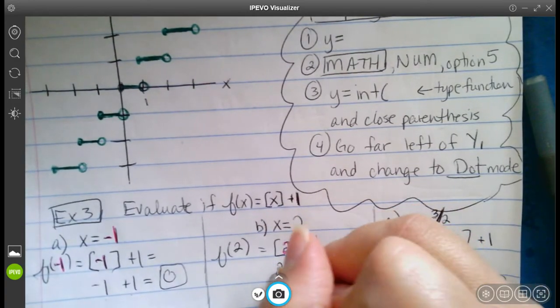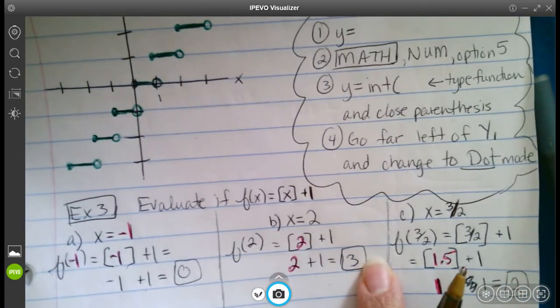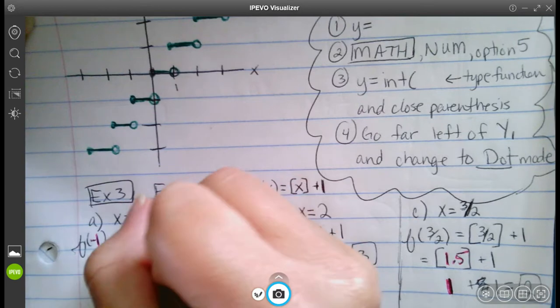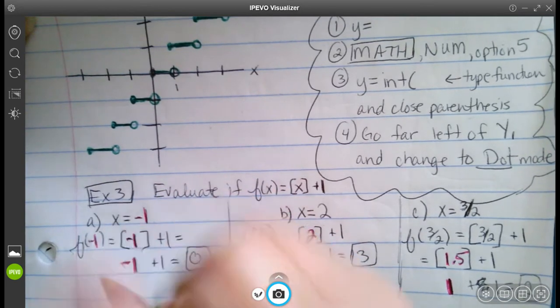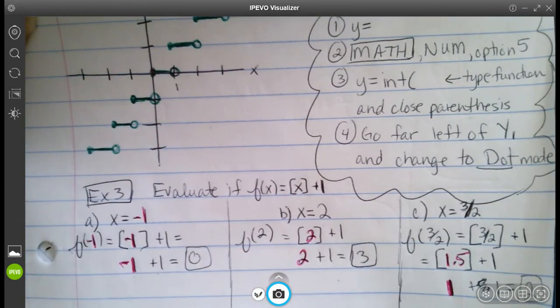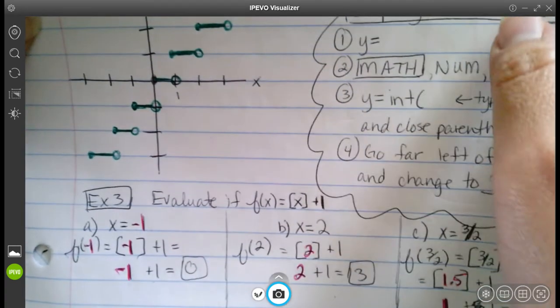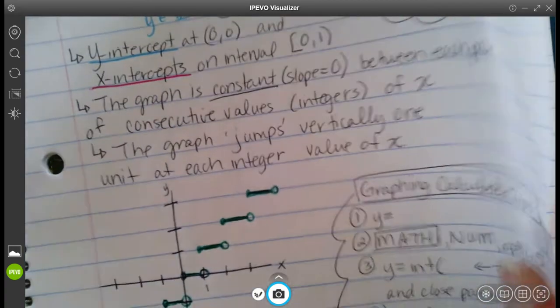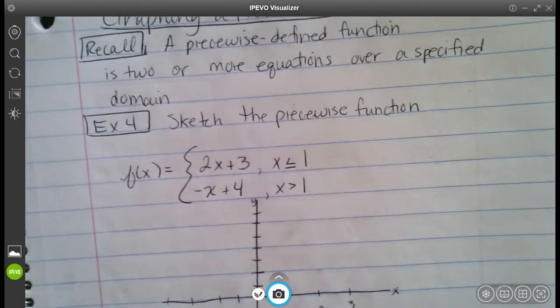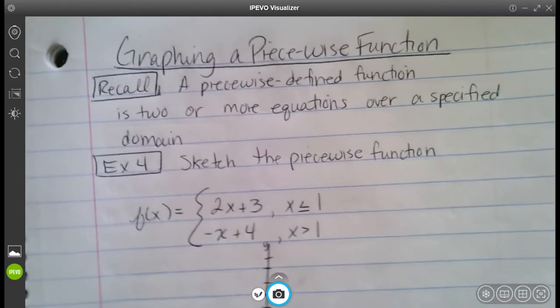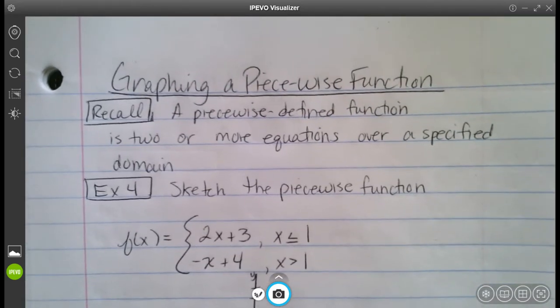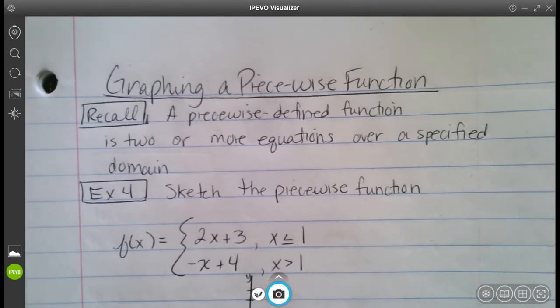This 2 over here stayed as a 2, and then 2 plus 1 is 3. -1 stayed as a -1, and -1 plus 1 is 0. Okay, and that's basically it, guys, for this particular function. We have one more example because we do have to go over piecewise, and it's really too bad that we can't go more into this one because with this topic there's so much you could do.